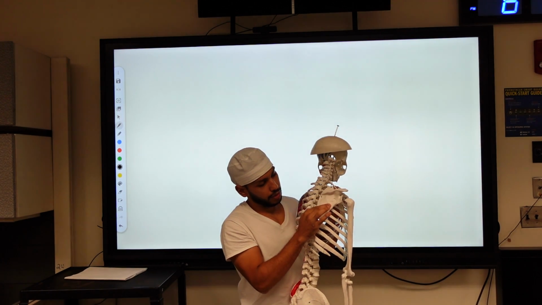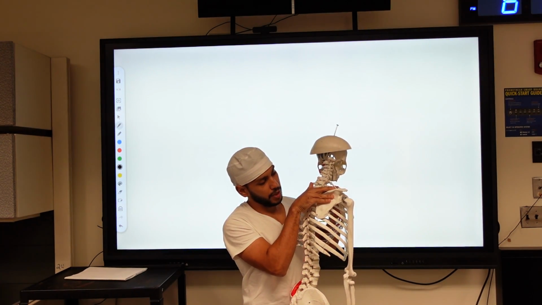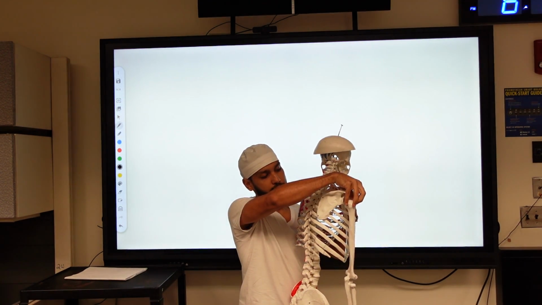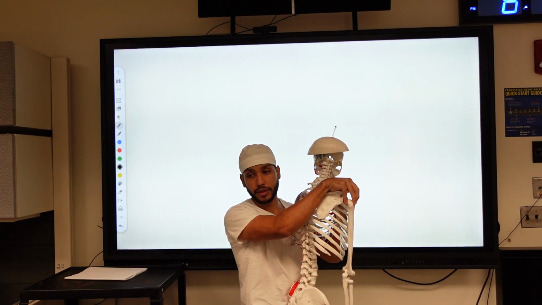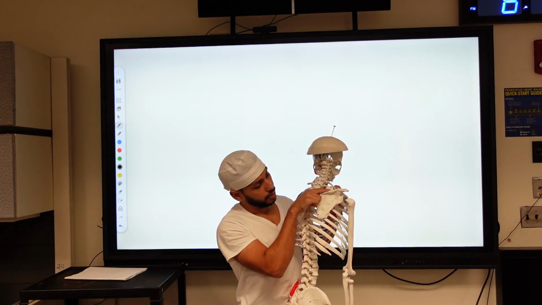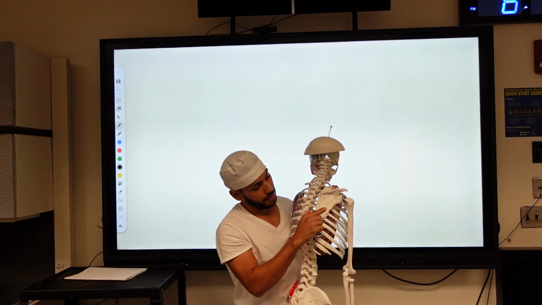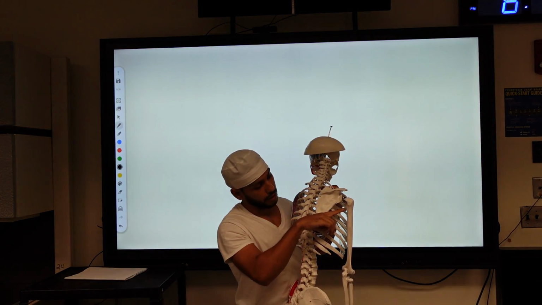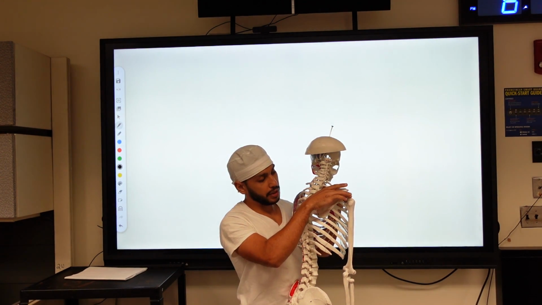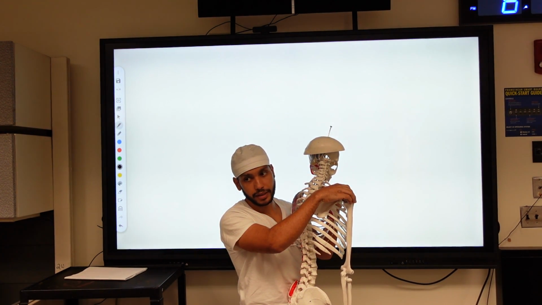Those three muscles, plus the subscapularis on the anterior side, all converge around the head of the humerus to form the rotator cuff. Now, there's also a muscle here called teres major. Teres major is not going to wrap around the head of the humerus like that.